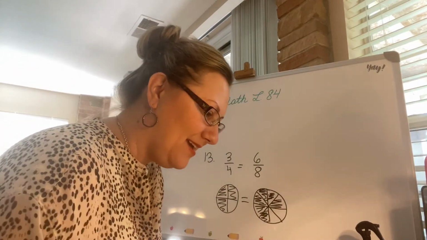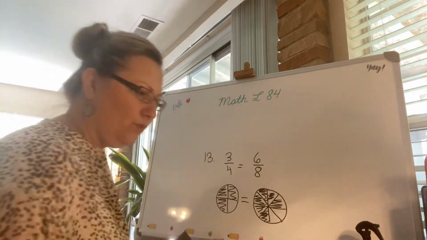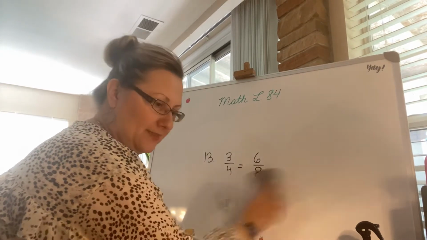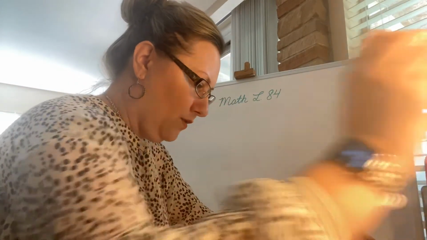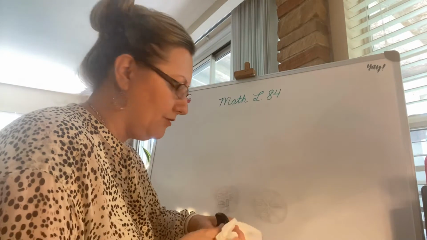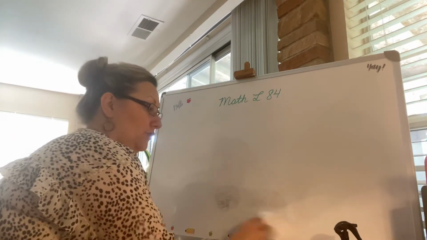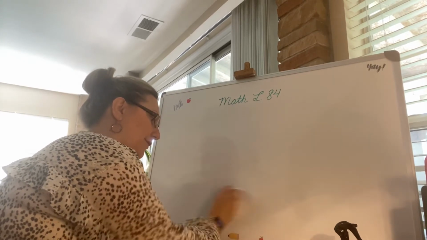Okay, and let's see, number 14. It says, which of these words does not describe triangles ABC and DEF? Well, take a look at those two triangles. I see 2 similar triangles. They look like one is a mirror image of the other.